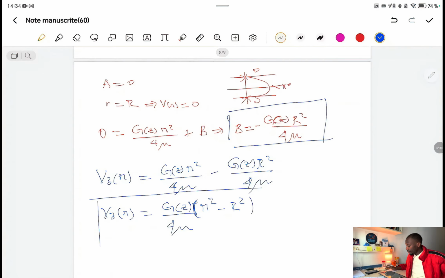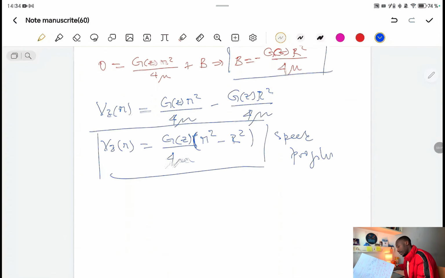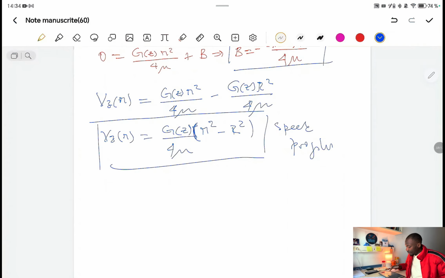So that is my speed profile of Poiseuille's flow.